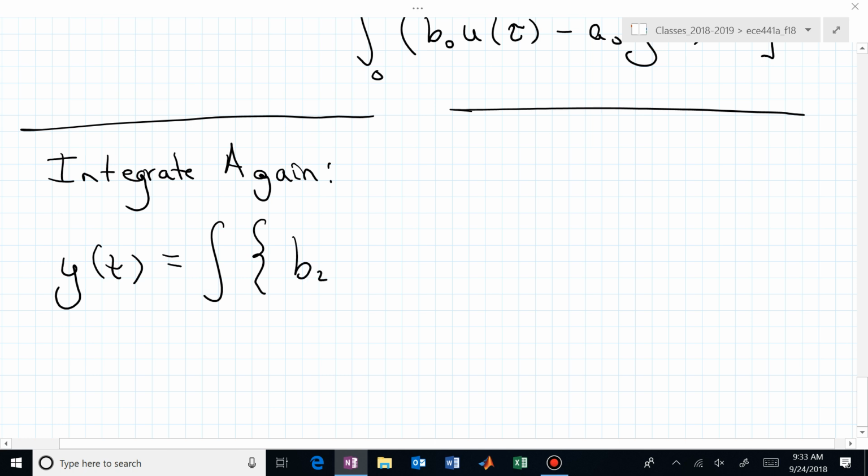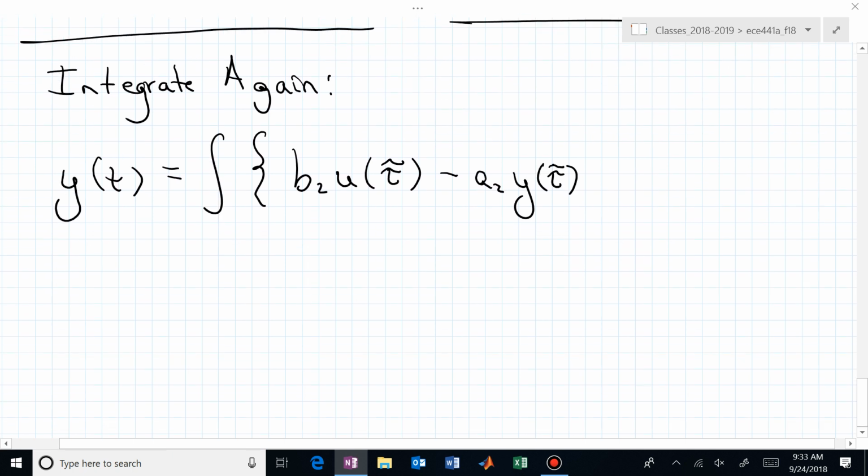This is b sub 2 u of tau tilde minus a sub 2 y of tau tilde plus all of my other pieces.